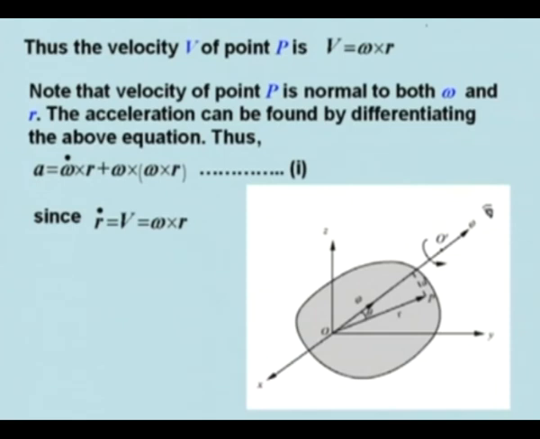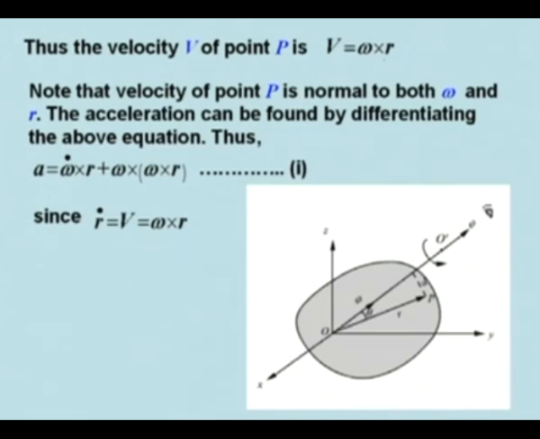The acceleration can be found by differentiating the above equation. That means differentiate V equal to omega cross r, and you get the acceleration. So A is equal to omega dot cross r plus omega cross r dot. Now r is rotating, so r dot will be omega cross r, since r dot is equal to V, that is omega cross r, as we have seen.